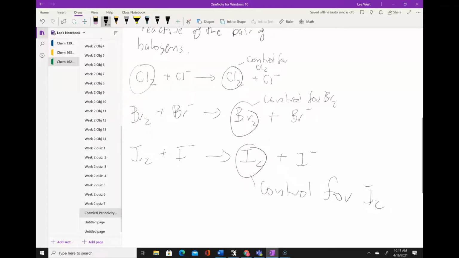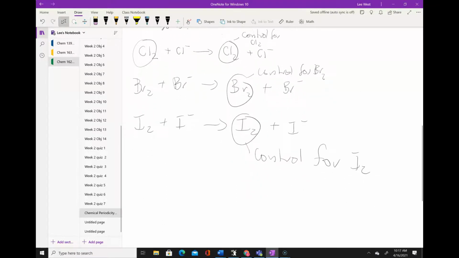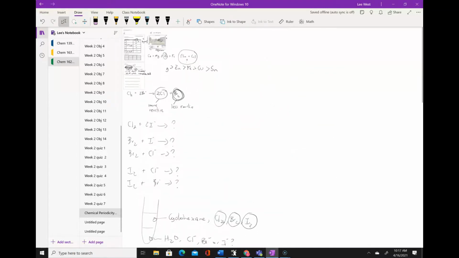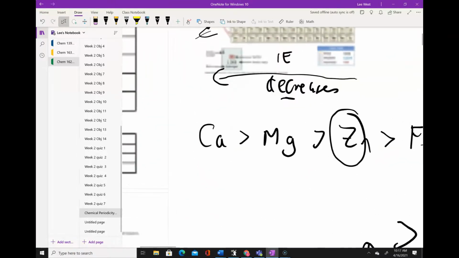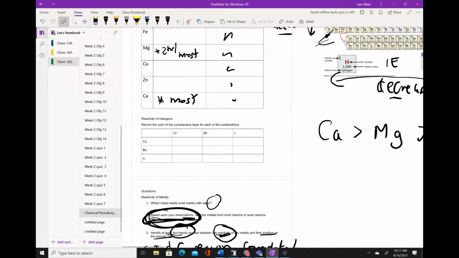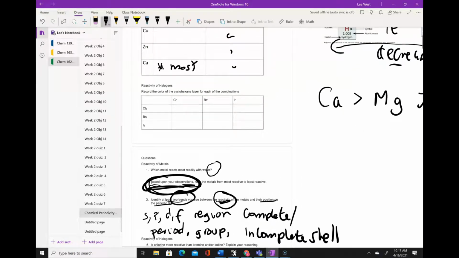So your data collection, when we watch the video in a moment, you'll see it's pretty simple. All I have to do is record the color of the top layer.